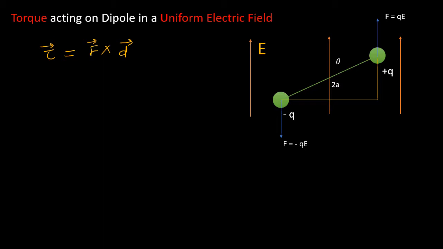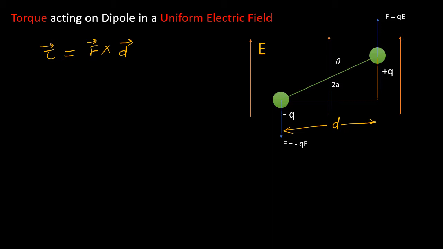Now in this case, we have to find the force and the perpendicular distance. Force we already know, F equals to minus QE, but we have to find the perpendicular distance d. So let d be the distance between these two parallel forces. From the geometry of this diagram, we can find the value of d.